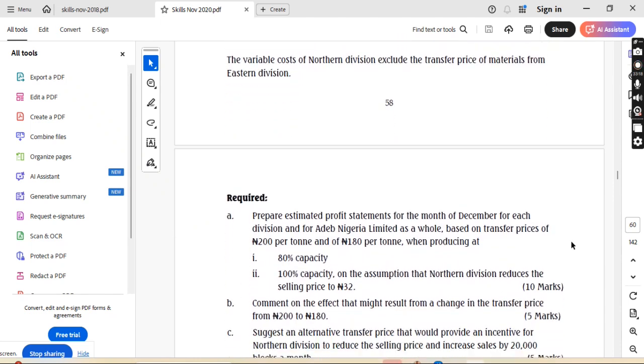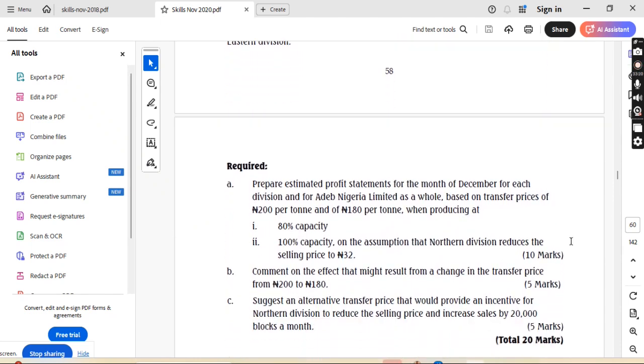Now, what is the required? Prepare estimated profit. Don't forget, understand the required. When you understand the required, it is assumed that you have solved 70% to 80% of the question.